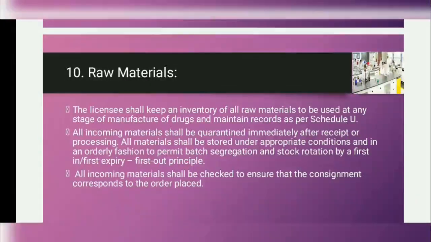Schedule U is divided into Schedule U1, which includes particulars to be shown in manufacturing records, and Schedule U2, that is records of raw materials. So the licensee must keep records as per Schedule U.